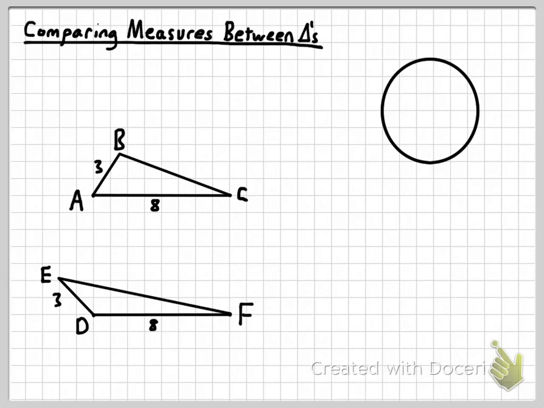The included angle of segments AB and AC is an acute angle, isn't it? The included angle of segments DE and DF is an obtuse angle, so clearly it's larger. And since everything else is equal, the fact that this included angle is larger makes the opposite side from that angle longer than the opposite side from the included angle in the other triangle. All right, what I'm describing to you is called the Hinge Theorem.